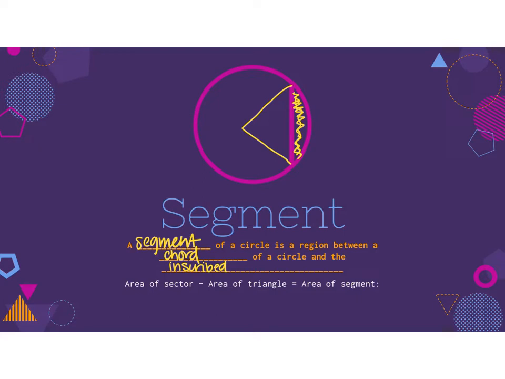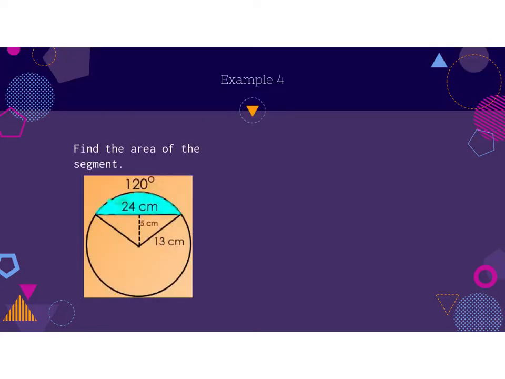So the way that we're going to find the area of the segment is we're going to take the area of the sector, which we could call our slice of pizza, and we're going to take away the area of the triangle part of the pizza, and that is going to give us our crust, or the area of the segment.